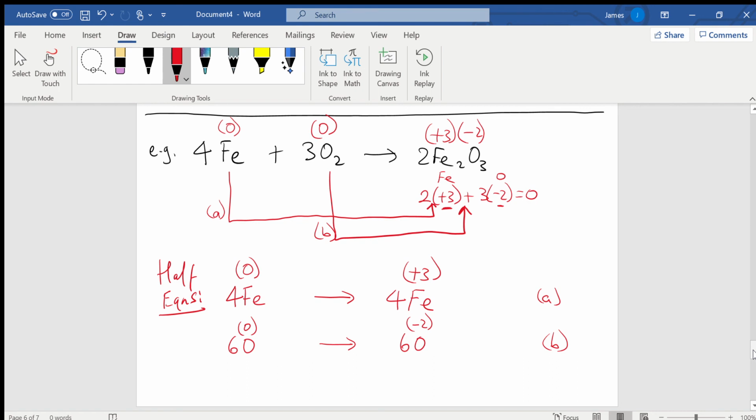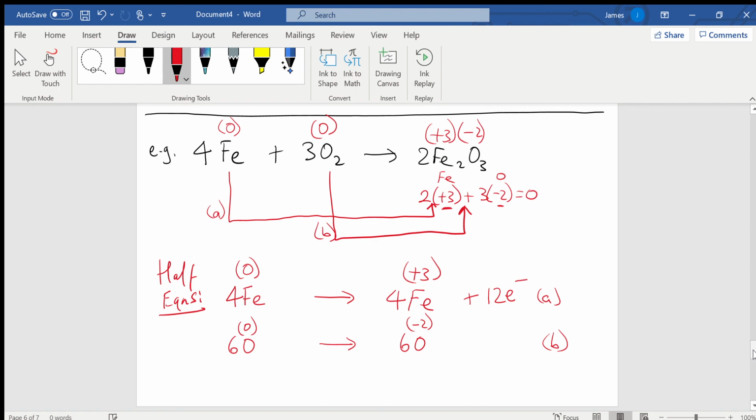This equation just happened to be balanced anyway. Well, you've got 0 charge becoming 3 plus. Well, it can't. The charge has to be the same. So the 4 hits the 3, so I've got 12. So to get rid of 12 plus charges, I have 12 electrons.